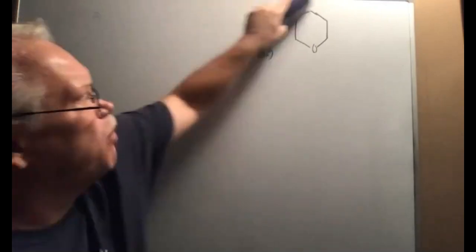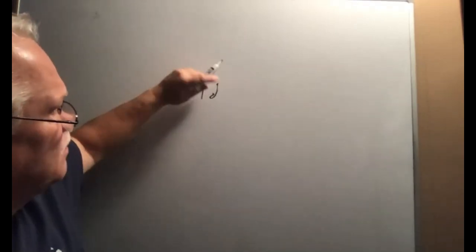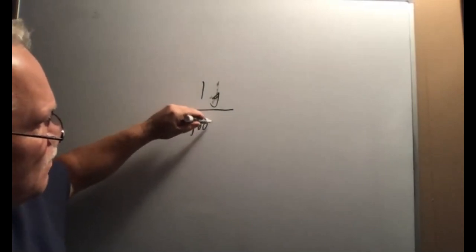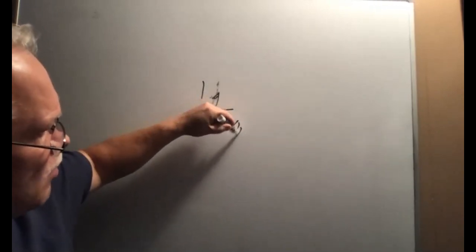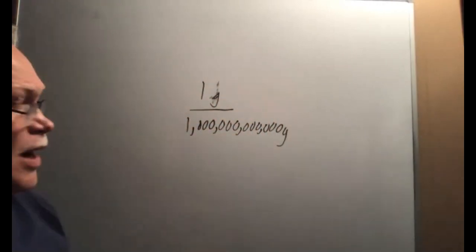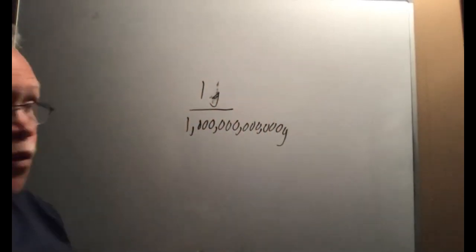What does a parts per billion mean? 1 part per billion. So that's 1 gram of dioxin per 1 billion. That's a whole bunch of zeros. Grams of a substance.